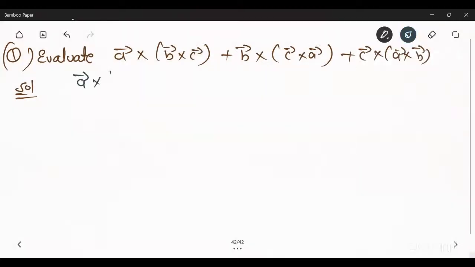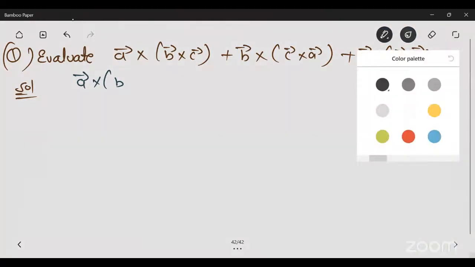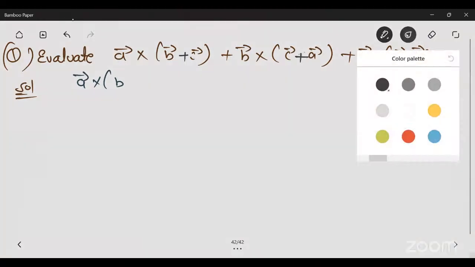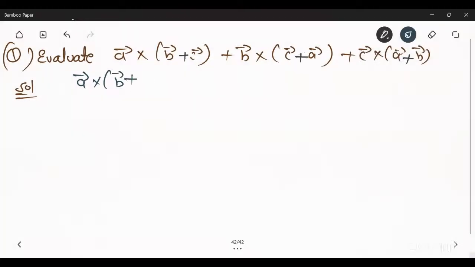We know that the given part is A cross (B plus C), B cross (C plus A), C cross (A vector plus B vector). So the expression is A cross (B vector plus C vector) plus B cross (C vector plus A vector) plus C cross (A vector plus B vector).